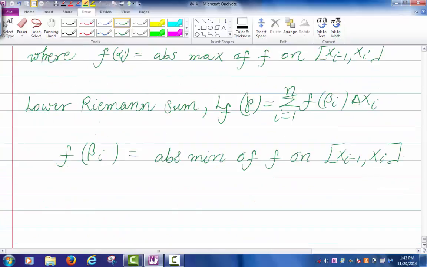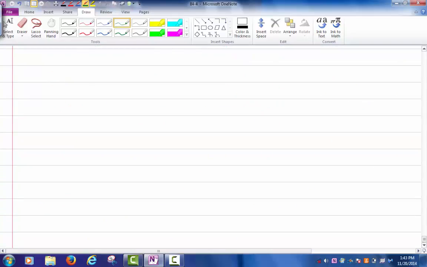Alright, so what I want to do is use these formulas now to do some exercises. So let's say I have the sum, i going from 1 up to 10, of 2i squared plus i plus 1.